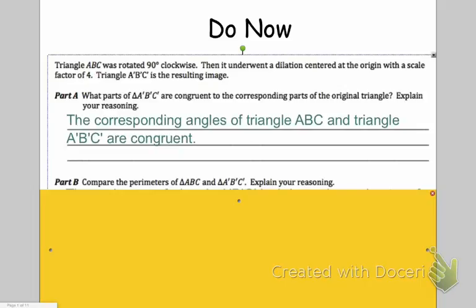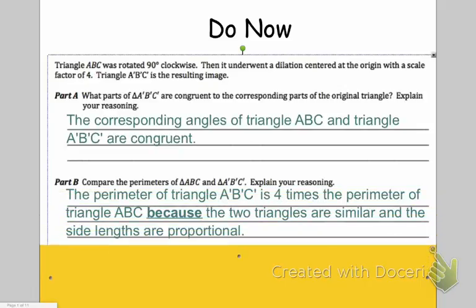And a good response for a question like this is to say how many times greater or smaller the perimeter of the triangle has gotten. So the perimeter of triangle A prime, B prime, C prime is 4 times the perimeter of triangle ABC because, again, explaining why this is true, the triangles are similar and their side lengths are proportional.